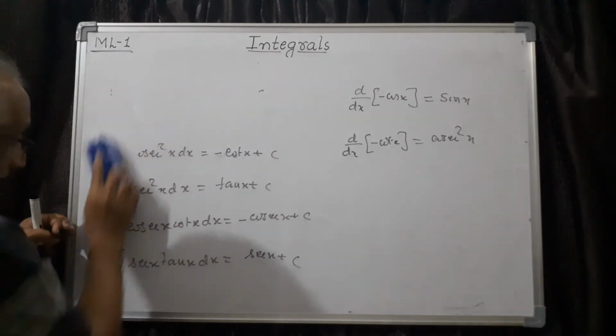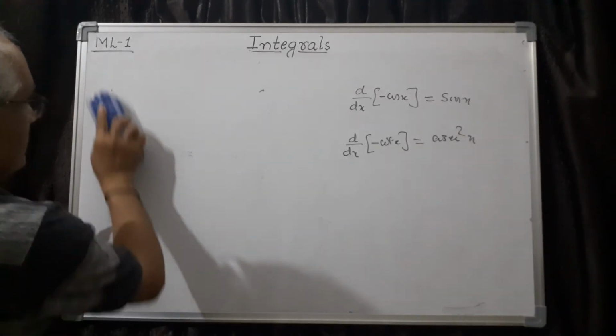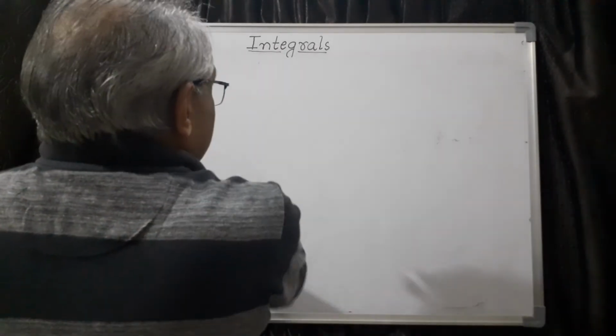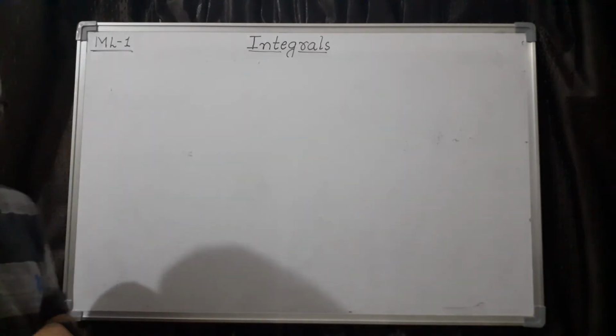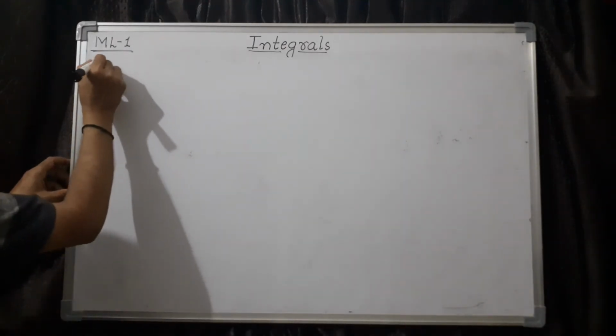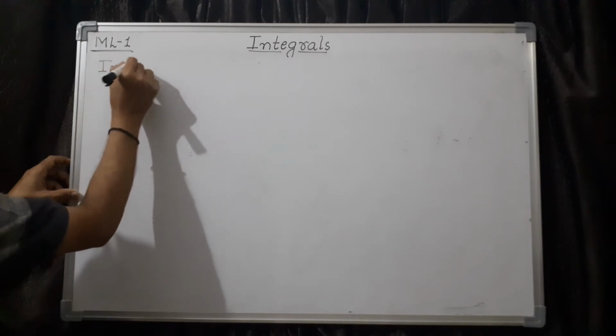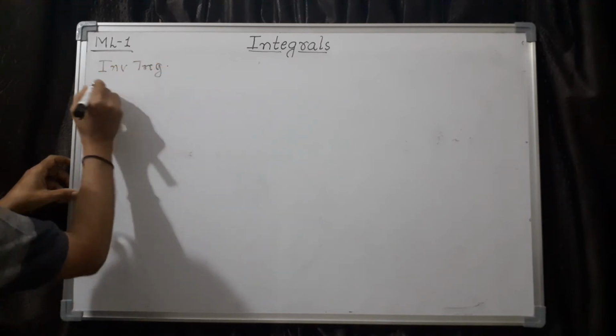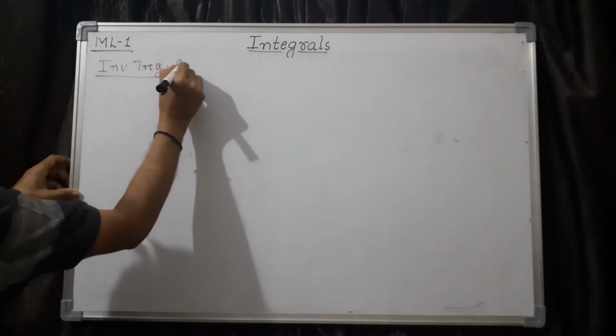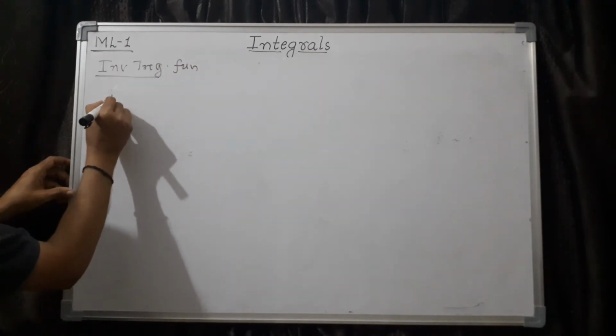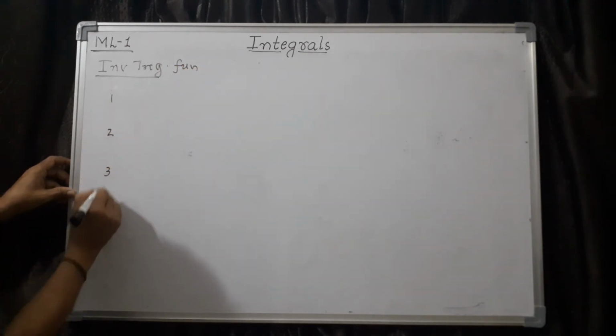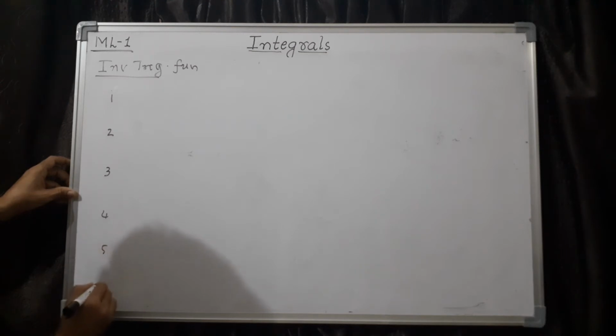And the next set is inverse trigonometric functions. That also you have seen the formulas for differentiation. So next let us take the inverse trigonometric function formulas. Here also I will write 1, 2, 3, 4, 5, 6.